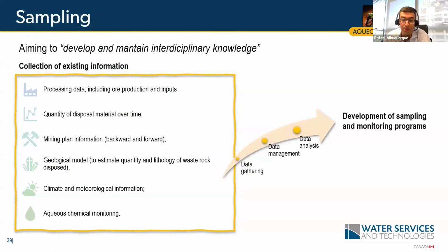Then we go to sampling. Now, there's a lot to be said about sampling, so we need to decide, and again, this is always based on the objective, right? The objective needs to be very clear. What kind of samples are we going to take? We're talking about drill cores, tailings leaving the chemical plant, tailings already deposited in the tailings storage facilities, waste rock piles. So what kind of sample types are we looking at taking? And each one of them has advantages and disadvantages, right?